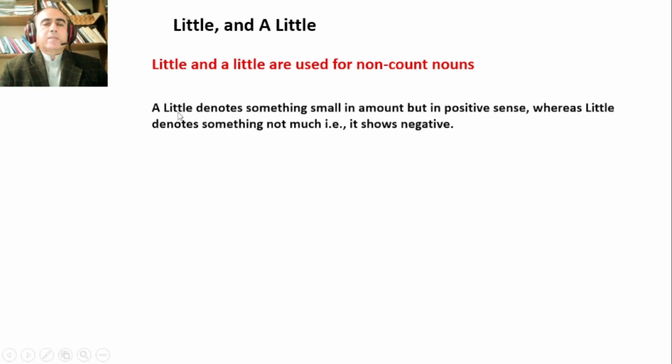So, a little, like a few, denotes something small in amount but giving a positive sense, whereas little denotes something not much and it shows a sense of negative. Here we go.